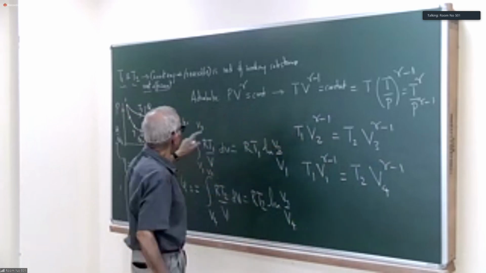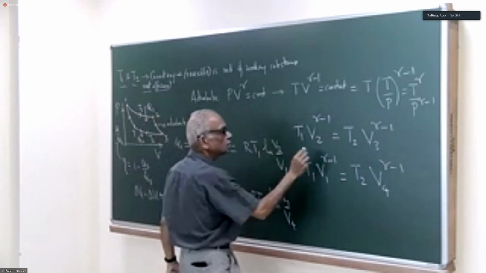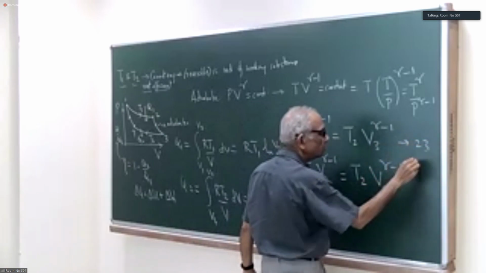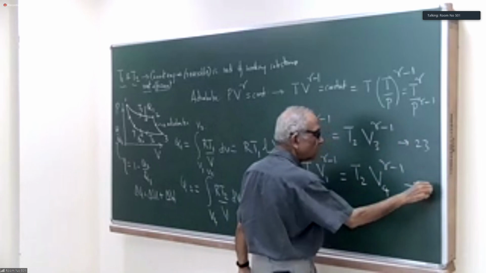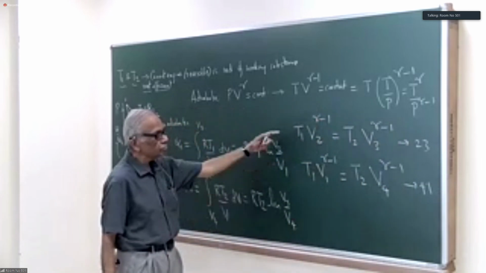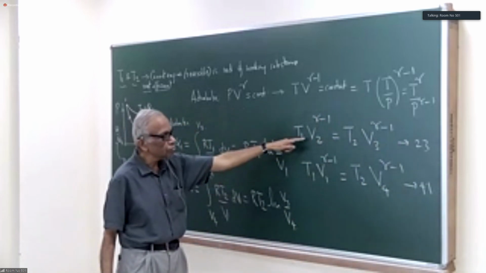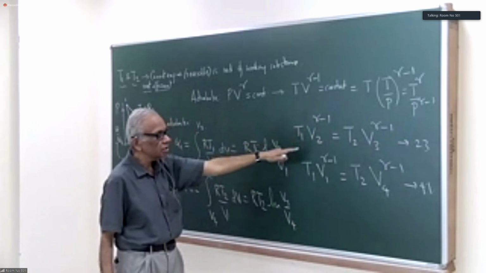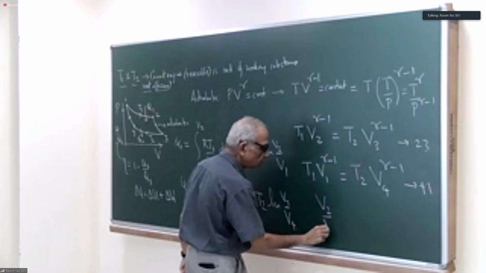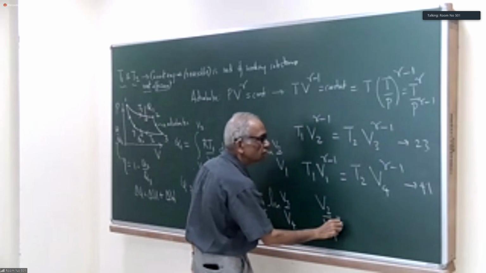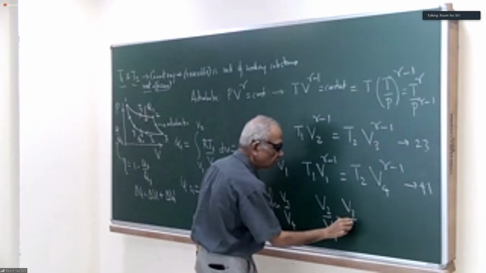So this is the adiabatic path 2-3. This is the adiabatic path 4-1, and now you divide out. So V2 over V1 to the power gamma minus 1, therefore dividing, V2 over V1 is equal to V3 over V4.